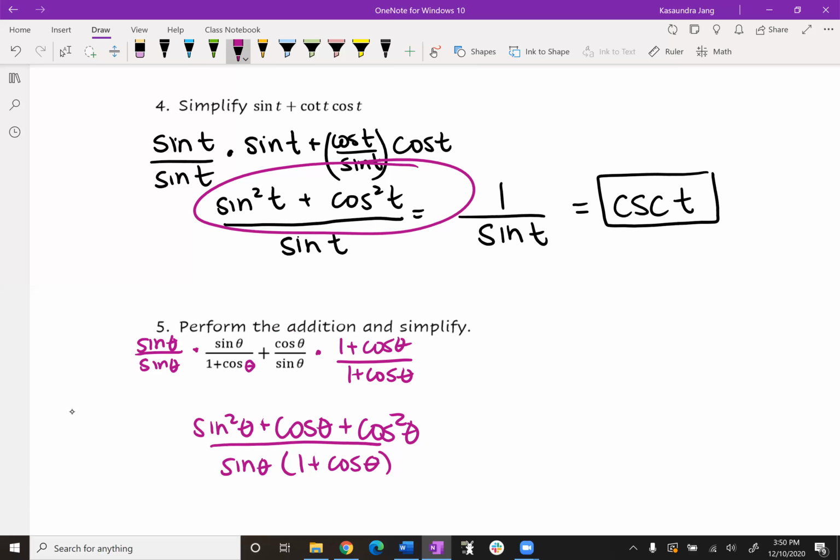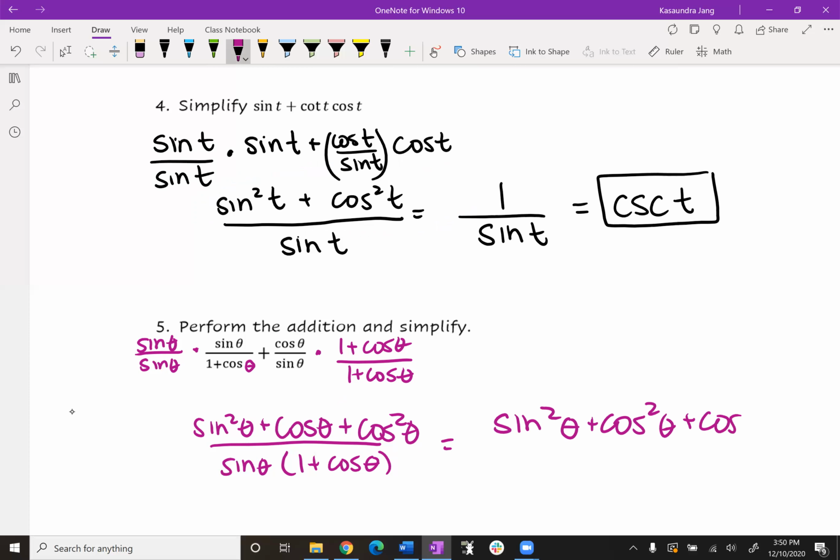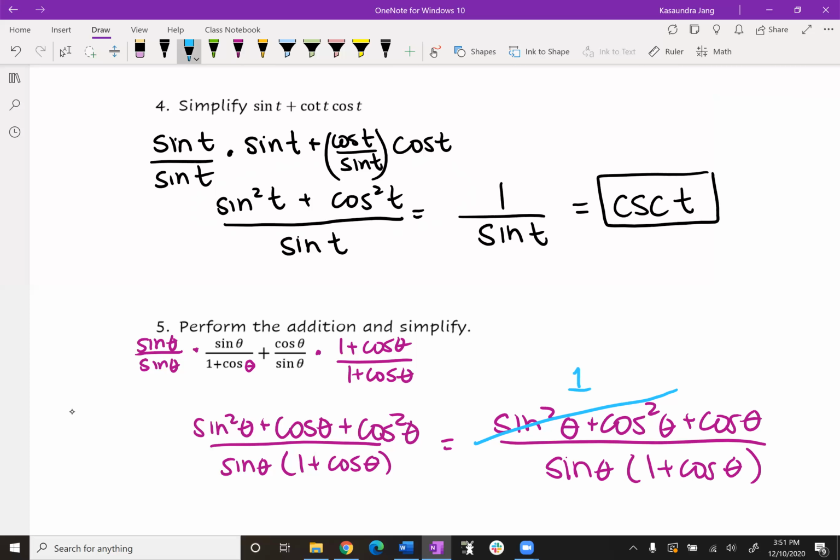Remember that sine squared plus cosine squared that I did in number 4? I kind of see that here, sine squared plus a cosine squared. So you can rearrange it if you want. It's all addition, right? So I can add in whatever order I want. And so this matches my identity. That is going to be just 1. Like I said, this identity sine squared plus cosine squared is just a straight up 1.